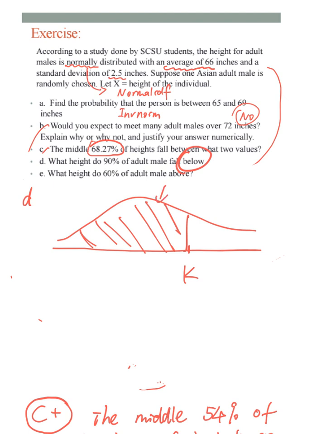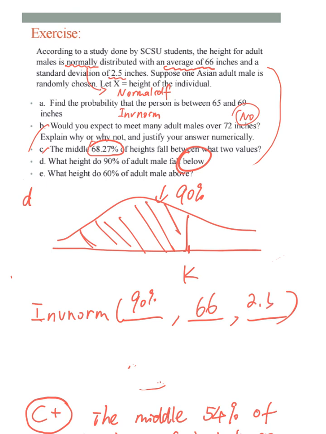We have the percentage to the left of the value we are looking for, so I can use this 90% directly, right? Inverse norm: the first input is 90%, the second input is the mean, the third input is the standard deviation. So this is part D.